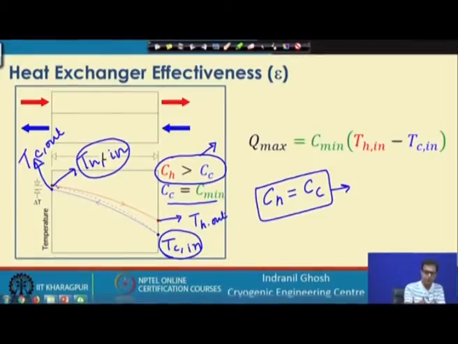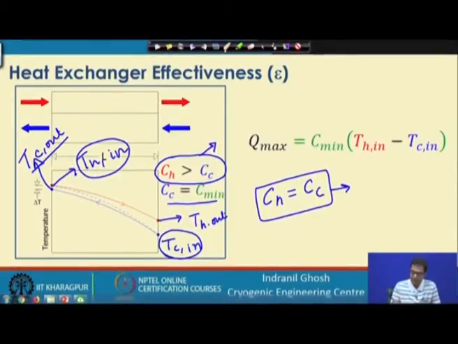T C in will never be able to cross T H in, or in other words T C out can never be more than T H in. This is possible only in a two stream heat exchanger, but in case of a multiple stream heat exchanger this is not really the case. So, we will discuss that part later while discussing the multi-stream plate fin heat exchangers.